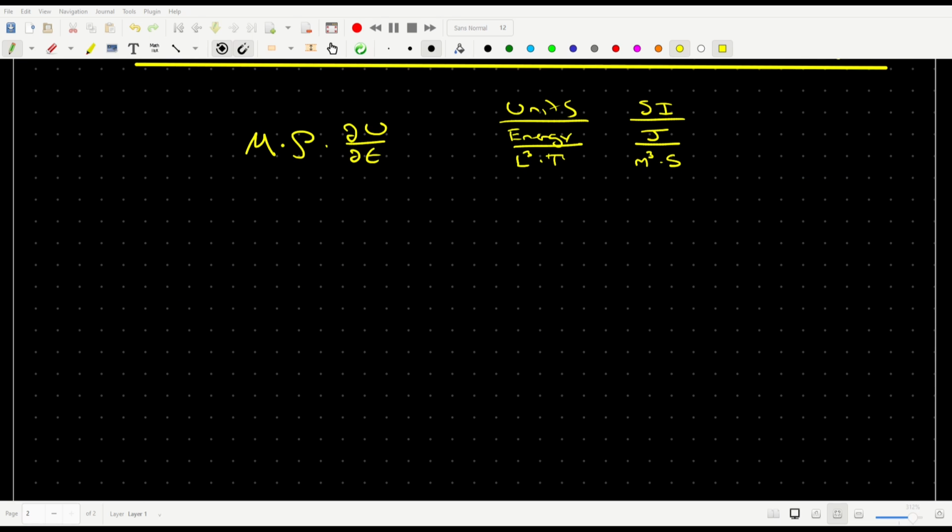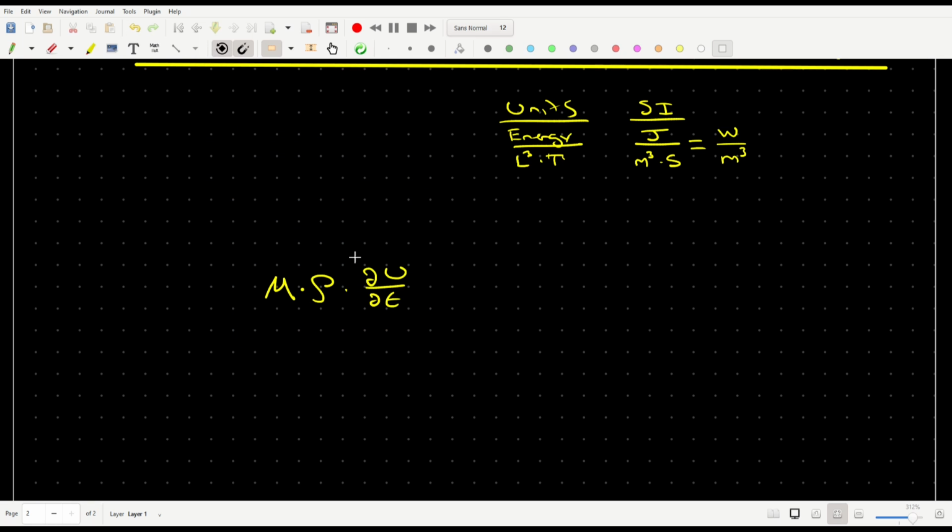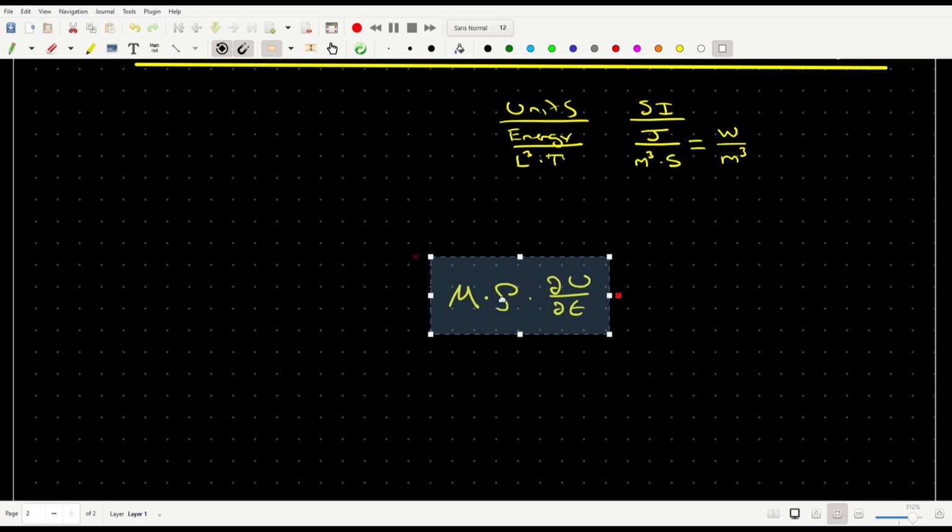If we rewrite a little bit, remember that joules over second is the same thing as watts, so this is the same thing as watts over meters cubed. So this quantity right here you can think of as a volumetric density, specifically at every given point.